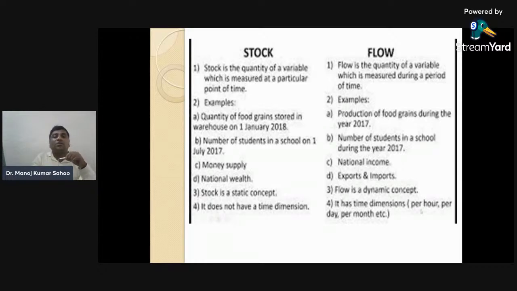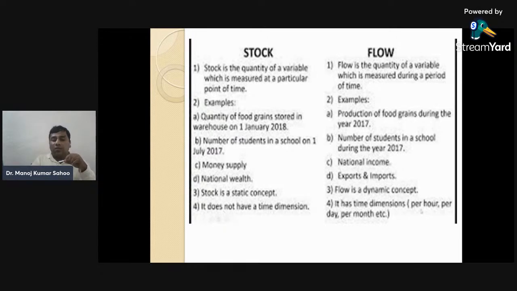For example, in case of stock, the quantity of food grains stored in a warehouse on 1st January 2018, where the date is mentioned. On that particular date, the stock was maintained. But in case of flow, the production of food grains during the year 2017 is a continuous thing.